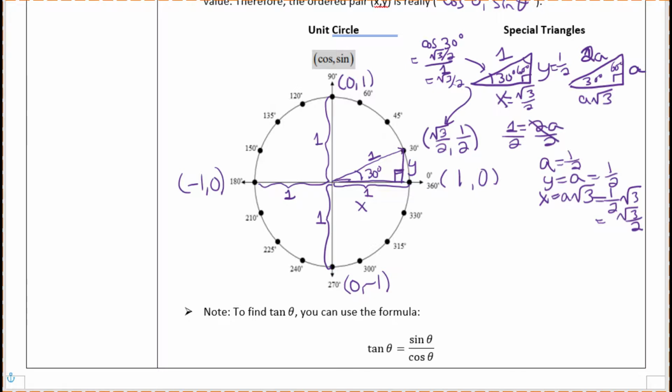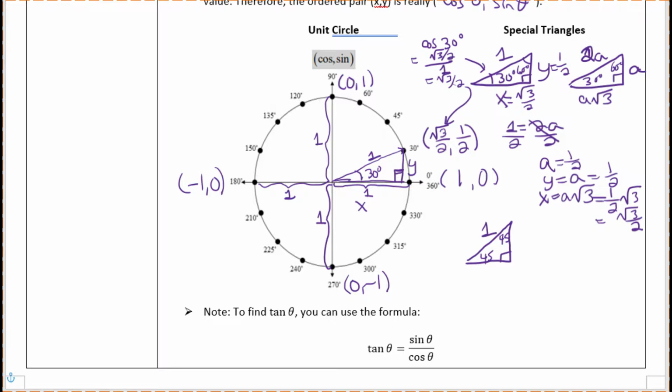Alright, so now let's go ahead and find the 45-degree angle. Okay, so we only need to do the 30, 60, 90 and 45, 45, 90 once, because this one would be a 45, 45, 90. So let's do that one. Alright, so we know that the radius here is 1.